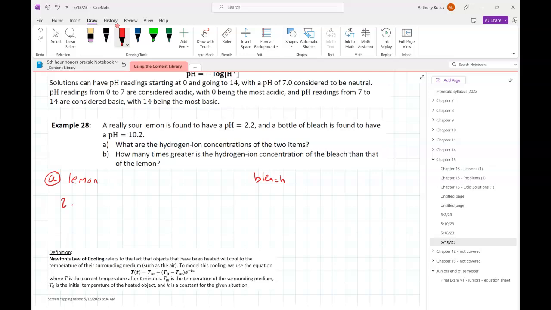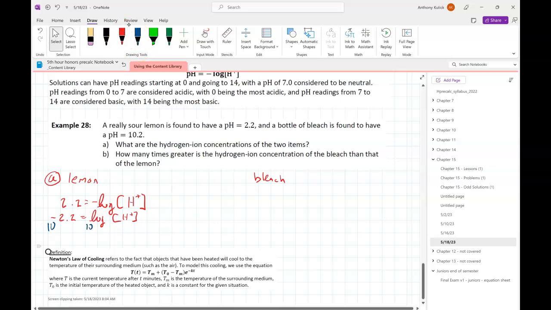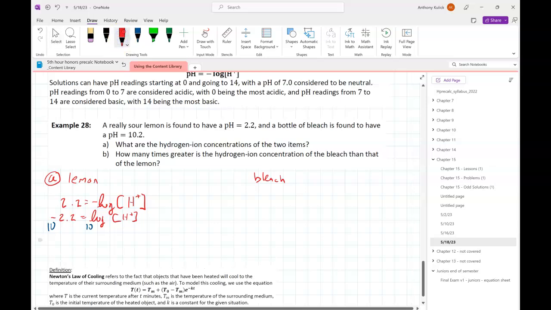Okay, well, if the lemon is 2.2, my pH equals negative log concentration of H plus. So I'll divide by negative 1 to get the logarithm by itself, and we'll do exponent base 10 to both sides. So the concentration of hydrogen ions is 10 to the negative 2.2.